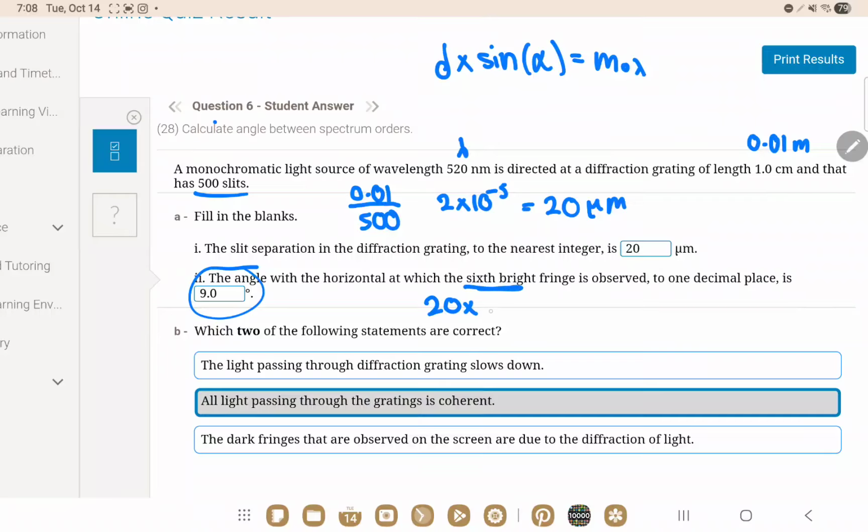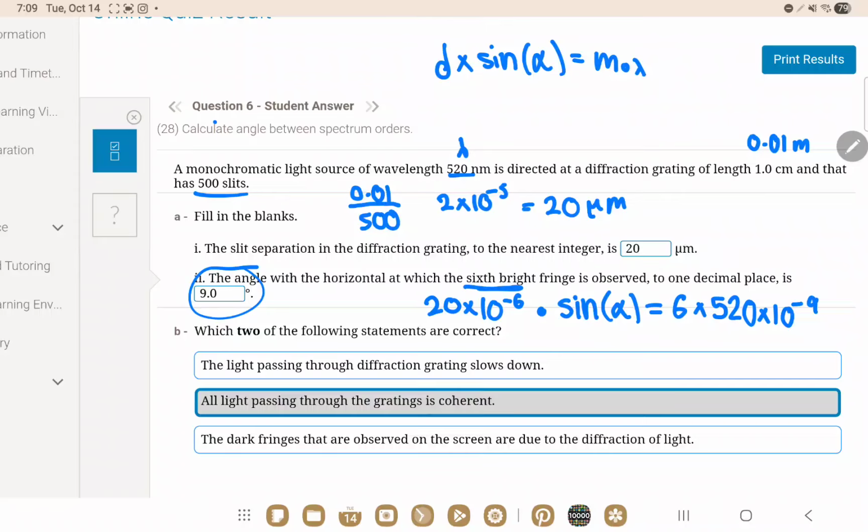So you do 20 times 10 power negative 6, of course, because you need it all in SI units, times sine of alpha, which we don't know, equals 6 times the wavelength. Our wavelength was given to be 520 nanometers, so it's 520 times 10 power negative 9.